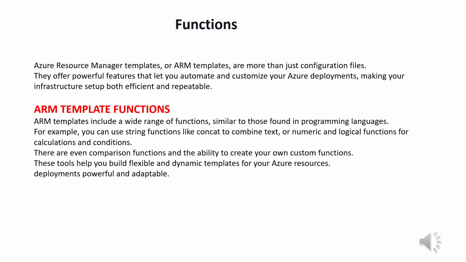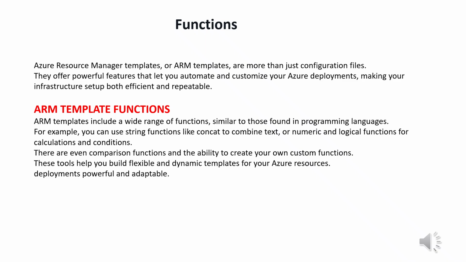Azure Resource Manager templates, or ARM templates, are more than just configuration files. They offer powerful features that let you automate and customize your Azure deployments, making your infrastructure setup both efficient and repeatable. ARM templates include a wide range of functions, similar to those found in programming languages.